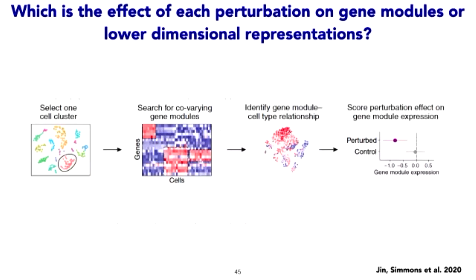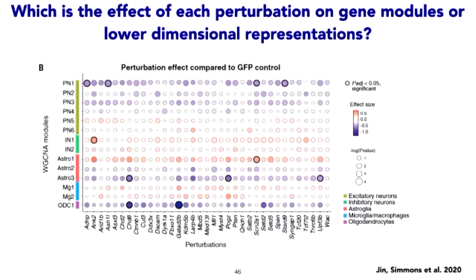In that paper, for each cell cluster that was identified, gene modules were identified, and gene modules were paired to the specific cell type. And then the effect of each perturbation on the score of the gene module on a cell was determined. So this gives a slightly different representation.